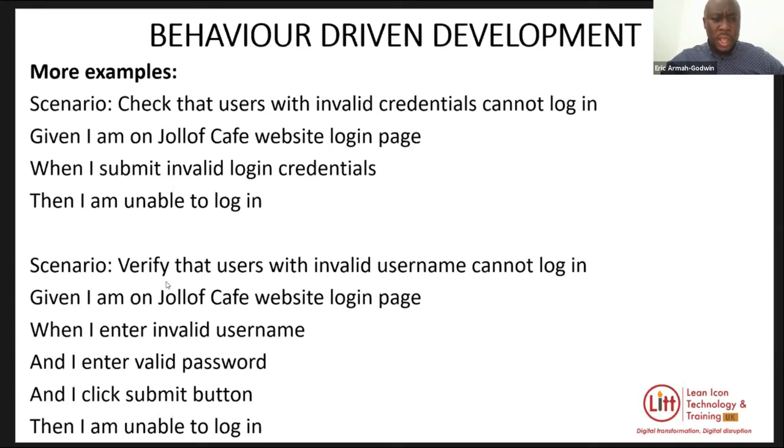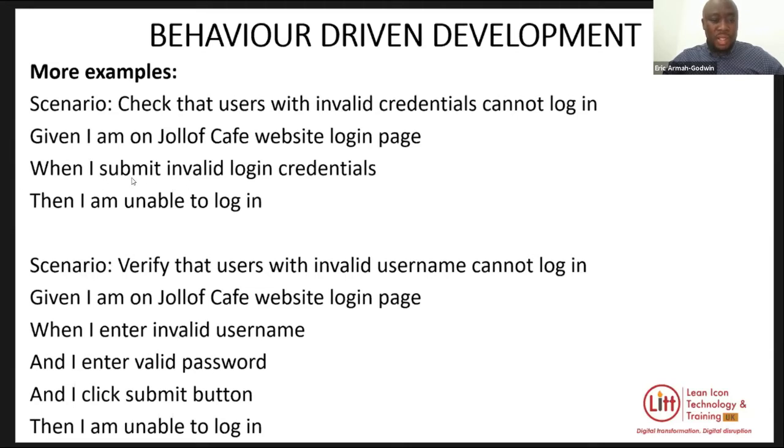So this is it. Then there's another example here which says verify that users with invalid username cannot log in. The difference between these two tests: this "when" here says when I submit invalid login credentials. Another tester may write it in a different way.